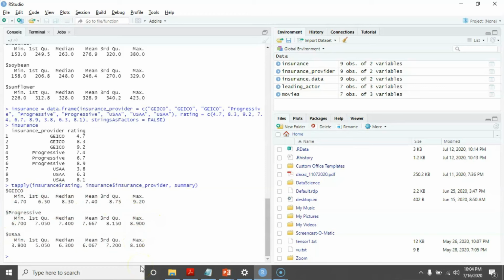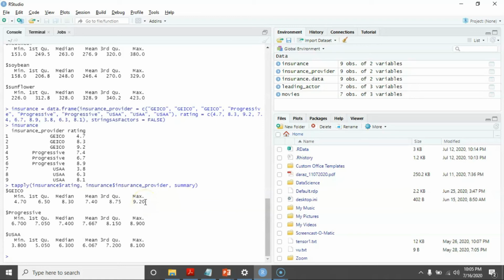And finally, when you look into the mean value, here 7.40 and here 7.667. Then after looking at these two things, one is deviation, and of course the minimum value and the mean value, you can very easily decide that Progressive is the best insurance company because it is more consistent in comparison with GECO.